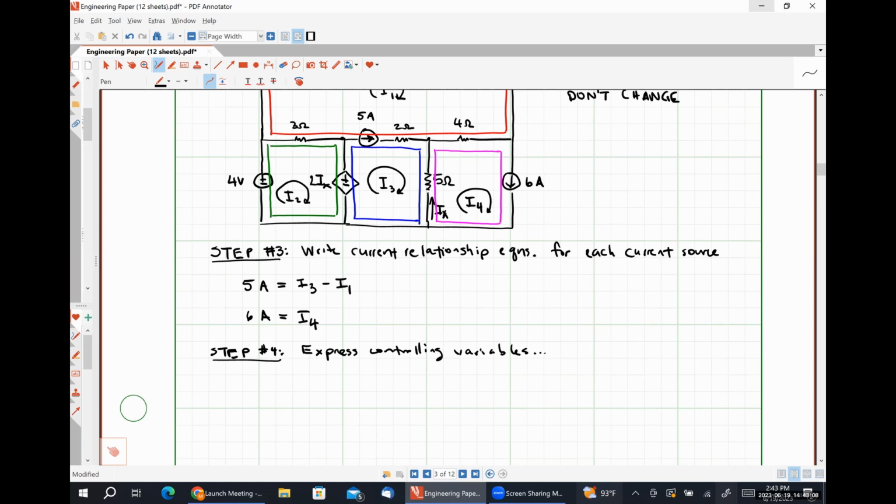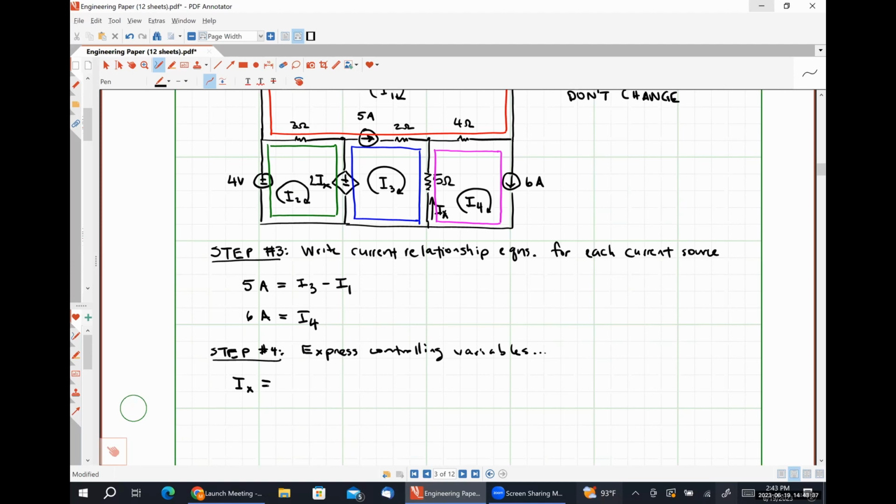You guys know what we're supposed to be doing here. Our only controlling variable is the current IX. So what's that going to be in terms of our mesh currents? Isn't that just 5 ohms times I4 minus I3? So you're very close.